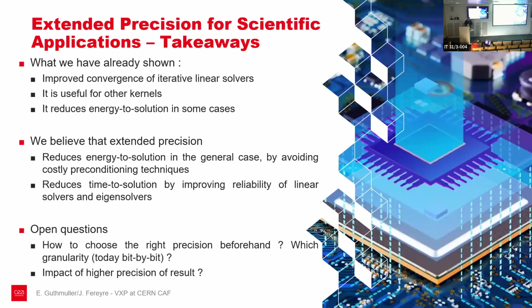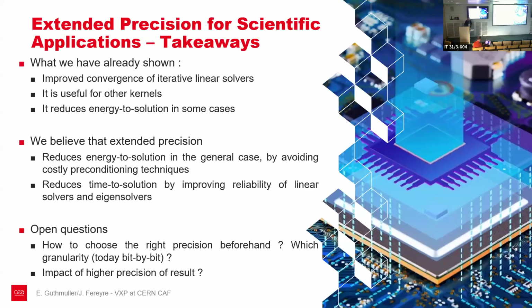We also don't know which granularity we want to provide to the end user. For now, we can change the precision bit by bit, so you can have whatever precision at bit level. You can have 193 if you want, but it may not be useful. Actually, on our side, day to day, we only use 64-bit multiples. So maybe just focusing on this would be enough, instead of having the full set of configurations.